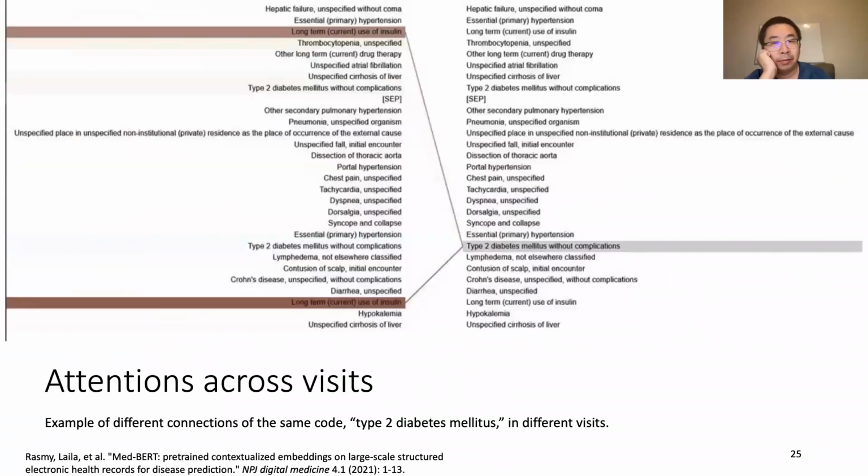Another one, for type 2 diabetes, we see it pays attention to long-term use of insulin, not only within this visit separator, but it also pays attention to the same code from the previous visit.